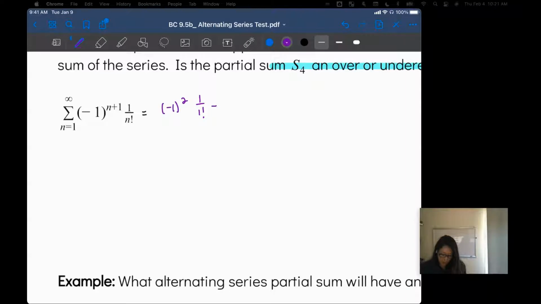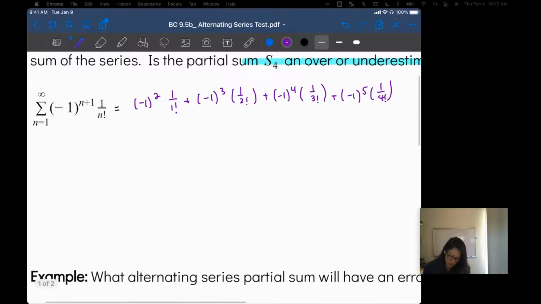And then we have plus -1 to the third power times 1 over 2 factorial, plus -1 to the fourth power times 1 over 3 factorial, plus -1 to the fifth power times 1 over 4 factorial. And that would be my partial sum.